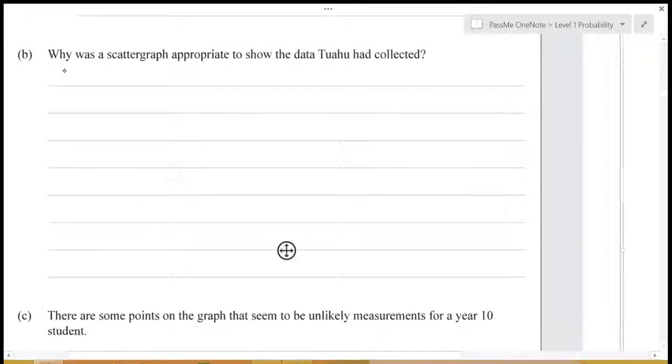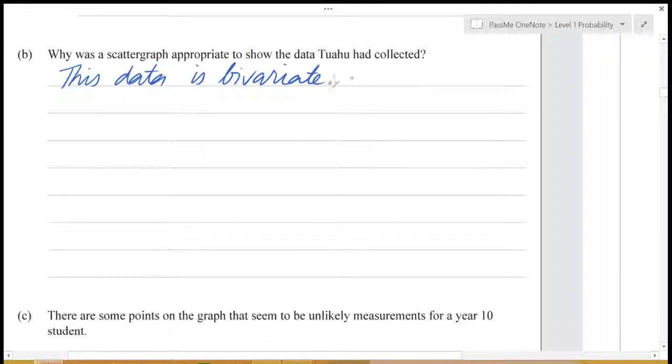So we can say this data is bivariate, and so can be shown in a scatter graph.